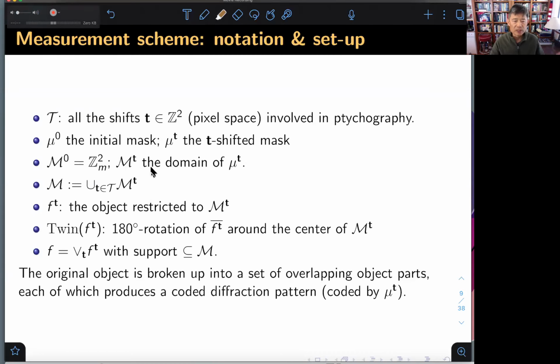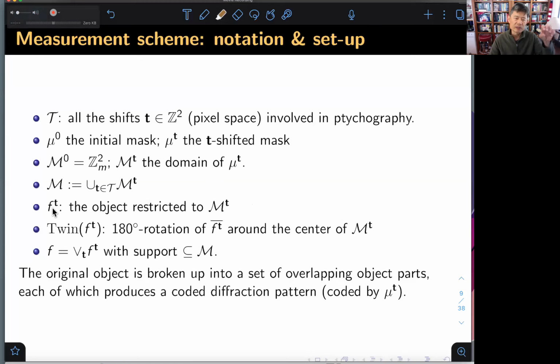Okay, M_t will be the shifted one of mu t, and you can collect all these probe areas and look at the union. That would be M. Again, f sub t is the object restricted to that part that is being scanned by mu t or M_t. Okay, that's called f_t.